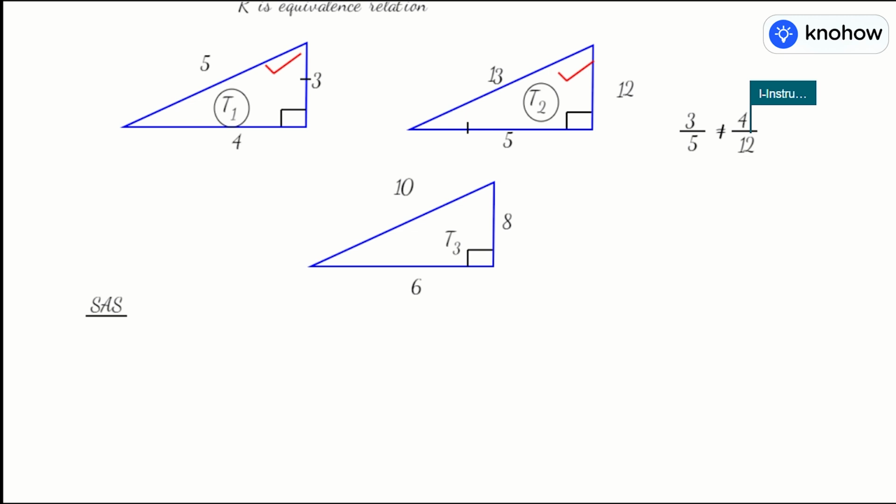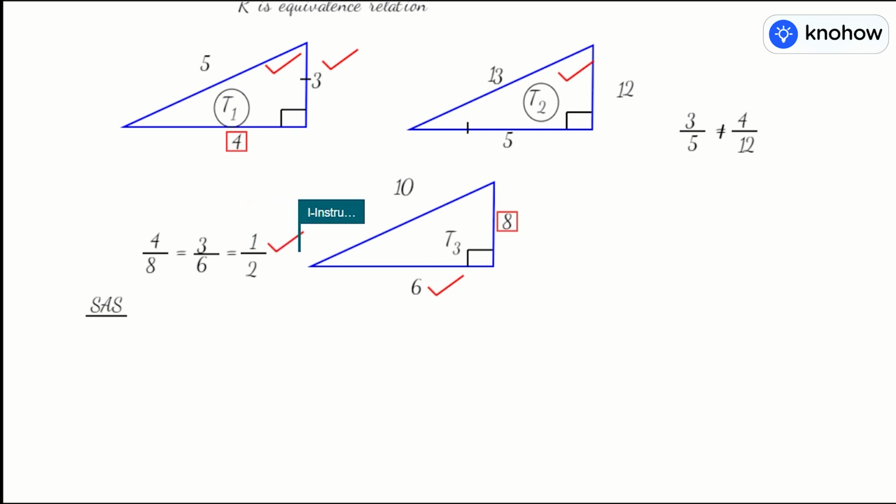Now, let me try T1 and T3. Obviously here right angles are there, and the ratio of the containing sides is 4 by 8, and the other one is 3 by 6. 4 by 8 equal to 3 by 6 equal to half. Yes, so T1 is similar to T3.